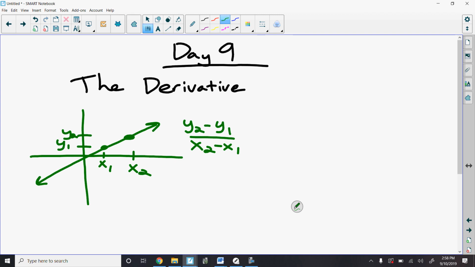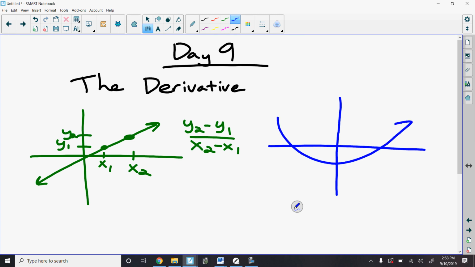But what calculus is going to deal with is, what if we have a curve? What if we want to find the slope of something that has a curve? So let's just sketch a little parabola in here. What would be the slope of this curve?